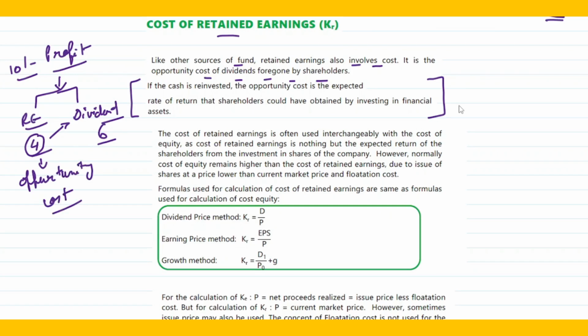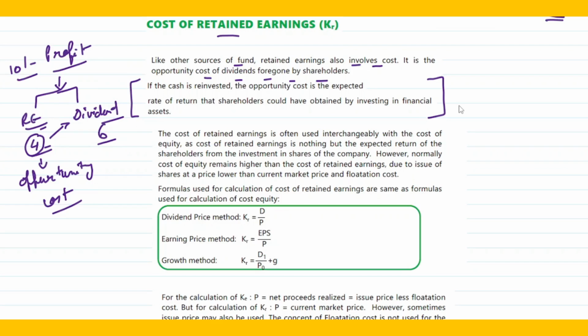If not here, it would have been put somewhere else and more return would have been earned on it. But that's not being done because the company is retaining this amount and not distributing it as a dividend. Hence, what the shareholders are foregoing for the sake of the growth of the company is this amount, which is called retained earnings. So basically, this is an opportunity cost.